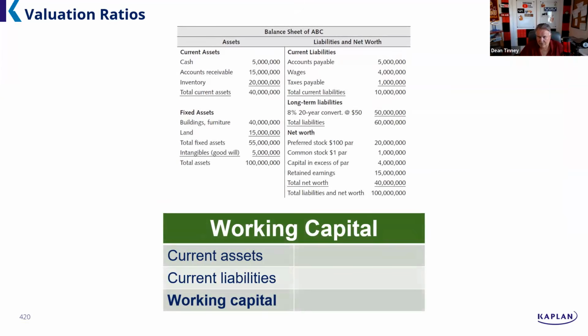What best describes working capital? And you would say current assets minus current liabilities. They might even ask you, based on this exhibit, to tell me on the test, what is the working capital? So our current assets are 40 million. Our current liabilities are 10. So our working capital is 30 million.